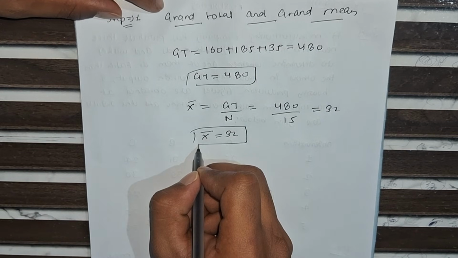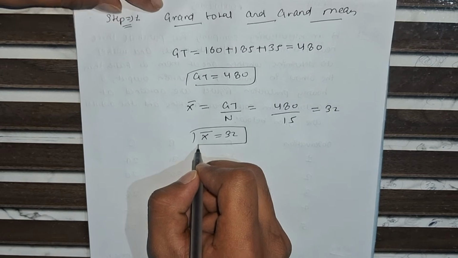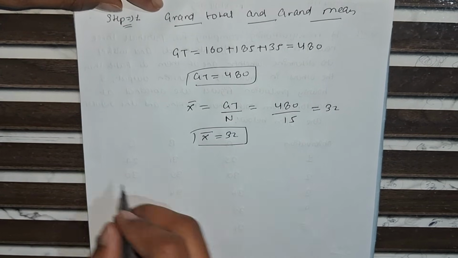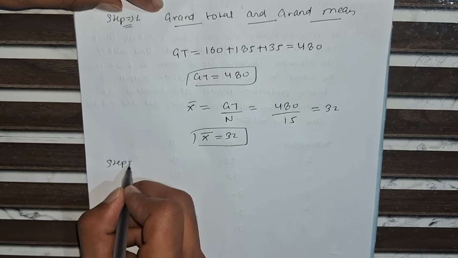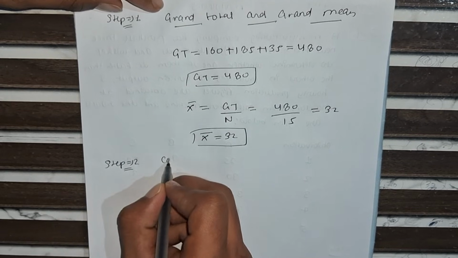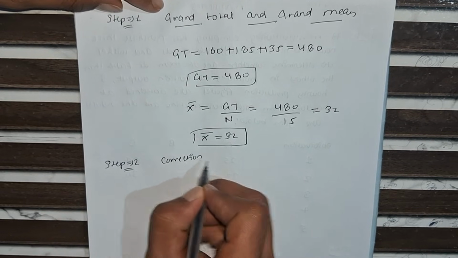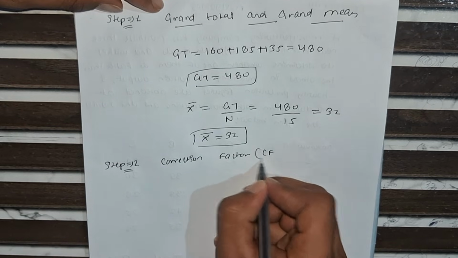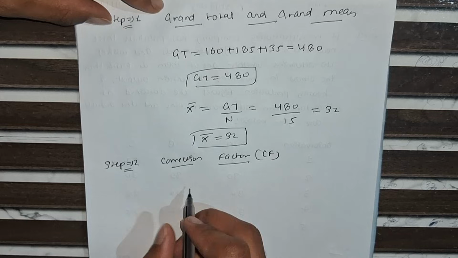So now move to our second step, where we are finding our correction factor, which is nothing but CF. So step 2, correction factor, which can be represented as CF. What is the formula to find the CF?